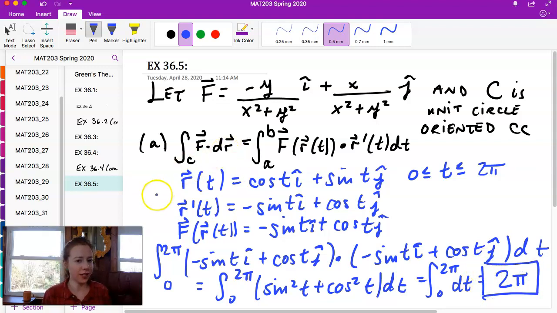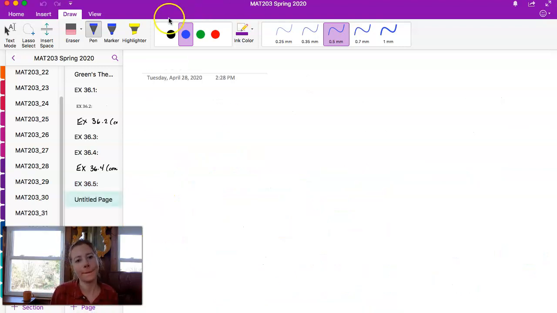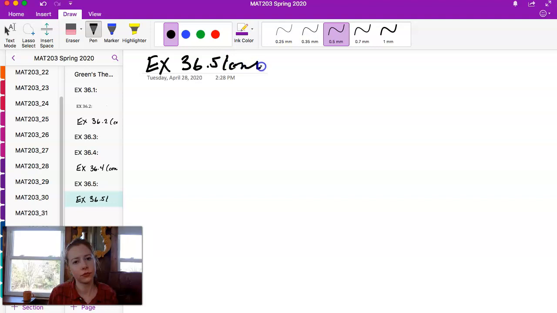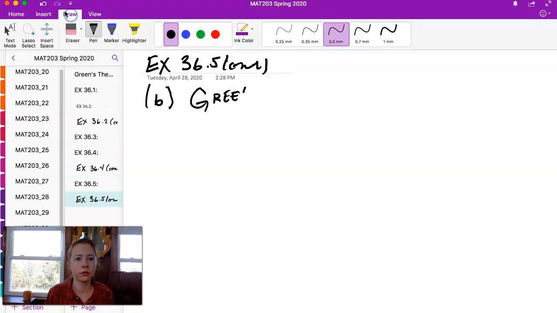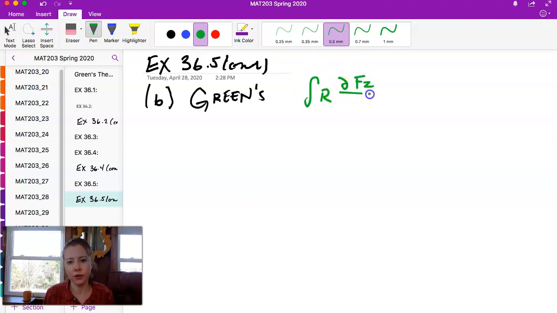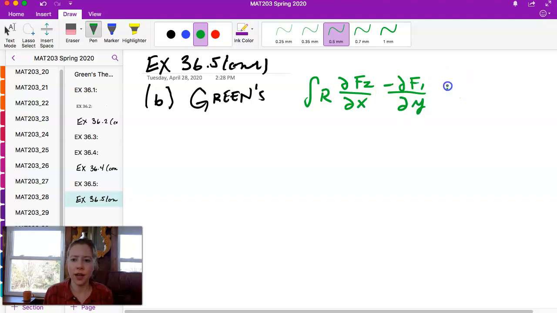Okay, so now let's try to do this using Green's theorem. So for part B, Green's, so remember, it's the integral of the region now of del f2 over del x minus del f1 over del y dx dy.